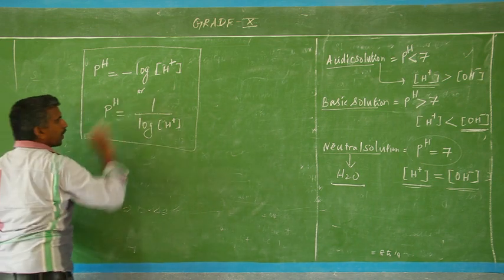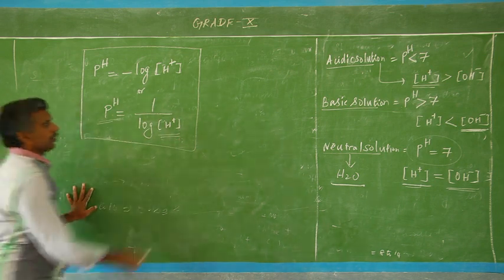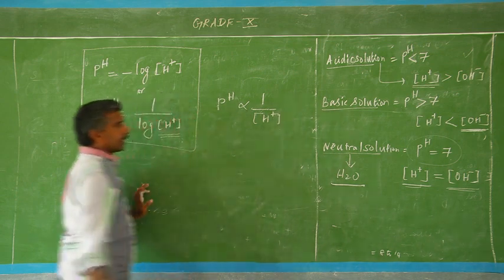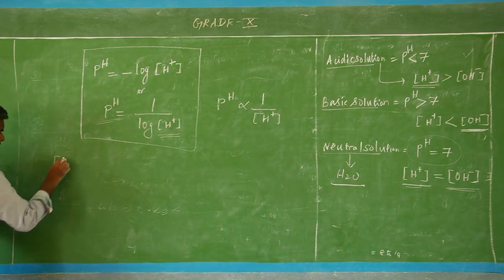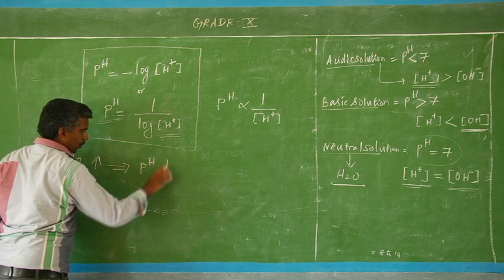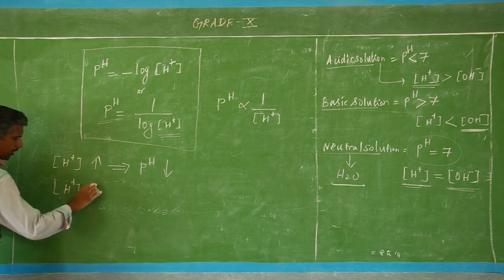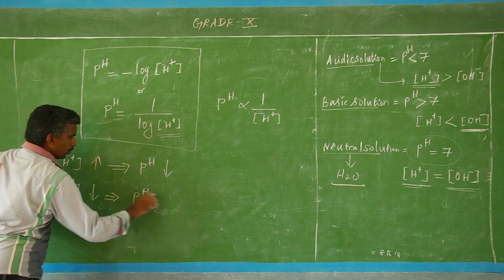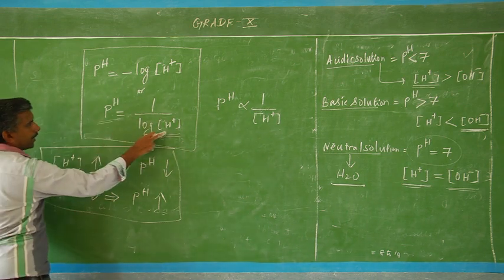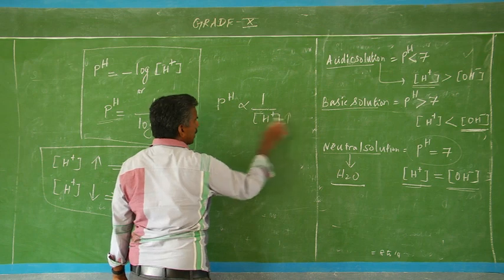You see in this formula, pH is inversely proportional to the hydrogen ion concentration. So when the concentration of H plus ion increases, the pH value decreases. When the concentration of H plus ion decreases, the pH value increases, because pH and the concentration of H plus ion are inversely proportional.